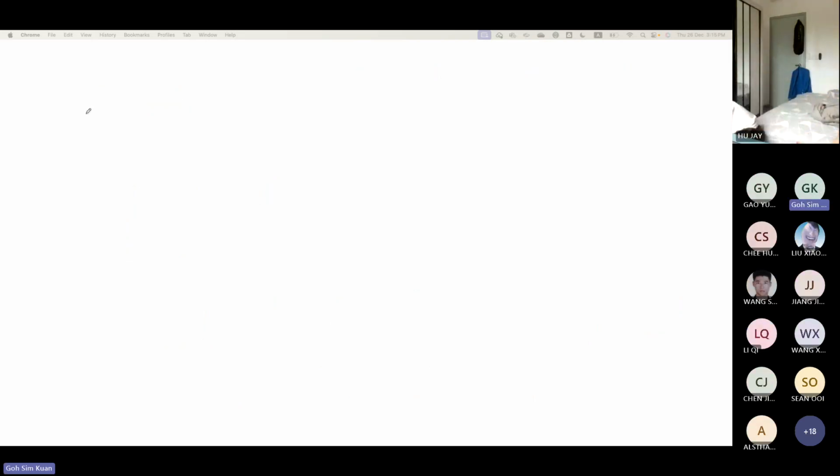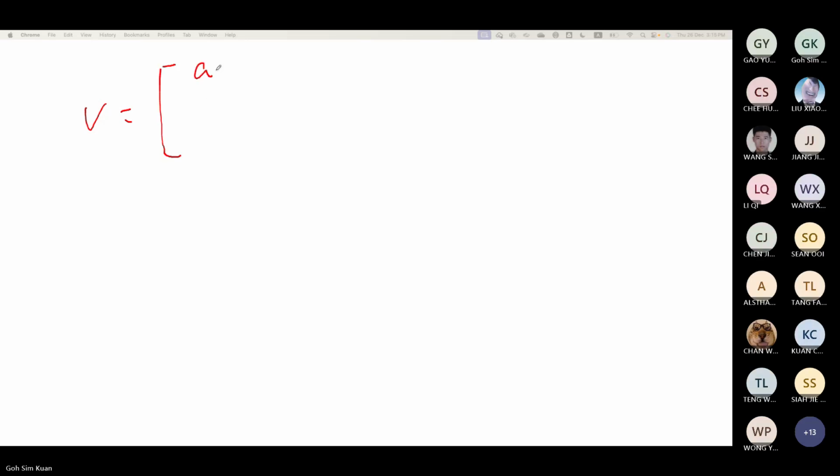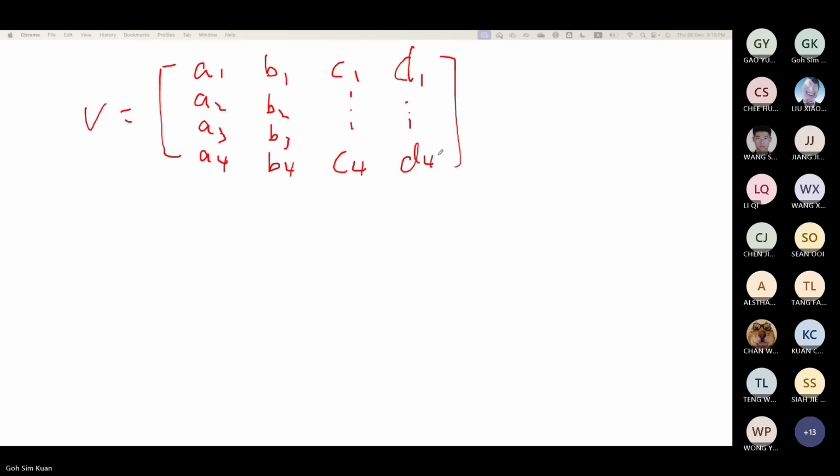This is our V. And you are also given the eigenvalues.